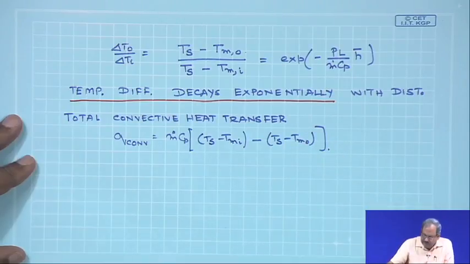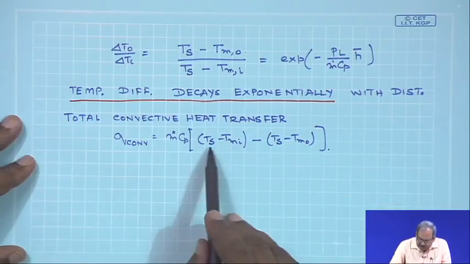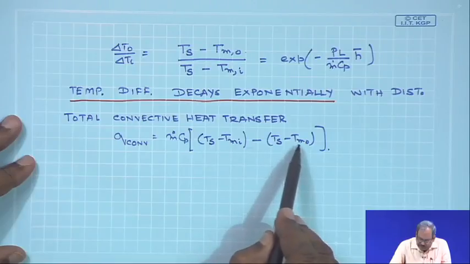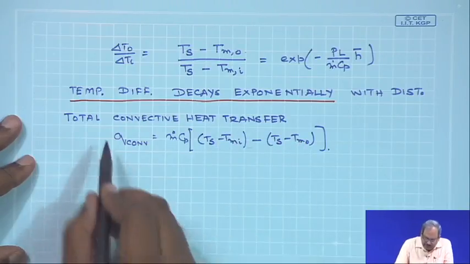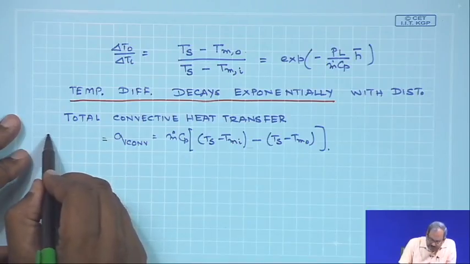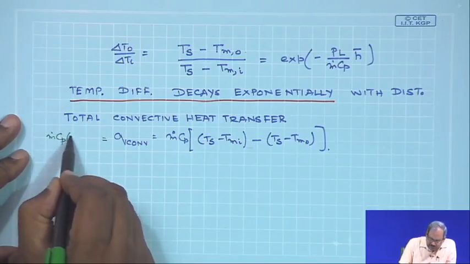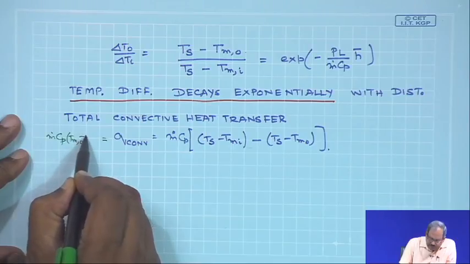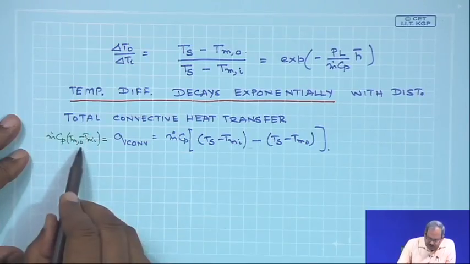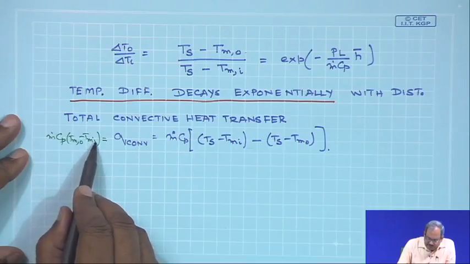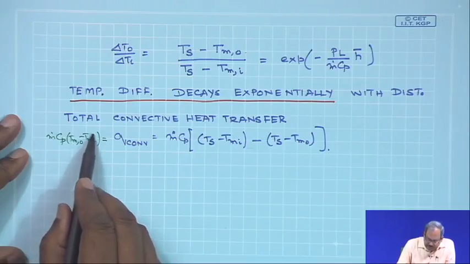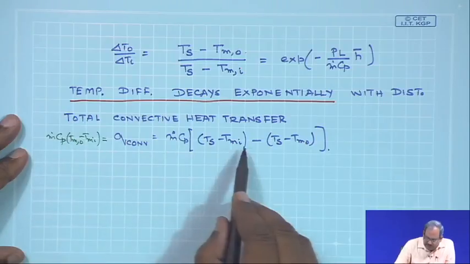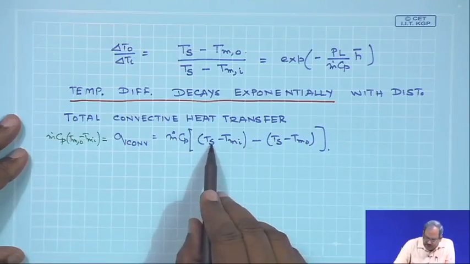Why did I write this? If you look at the expression, it would simply give you Tmo minus Tmi. So, Q convection is nothing but m dot Cp times Tmo minus Tmi, where this is the mean temperature at the outlet and this is the mean temperature at the inlet. The one I have here is simply reorganized by incorporating a Ts term.